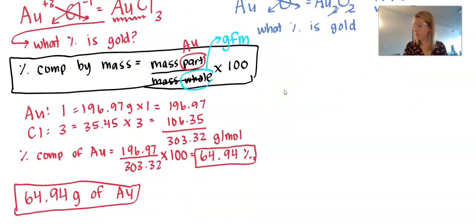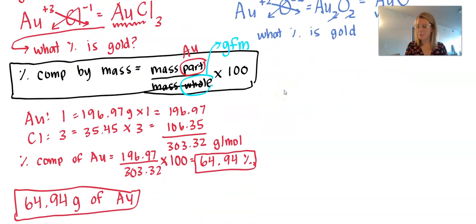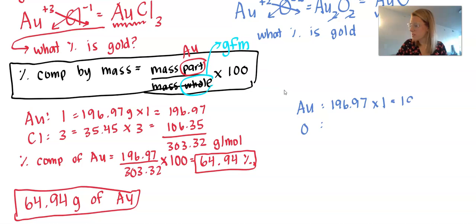So hopefully at this point you've calculated the gram formula mass and the percent composition and how many grams of gold you would get. So we have here Au, okay, and we have O. Au is 196.97, okay, and there is one of them, so that gives us a total of 196.97.